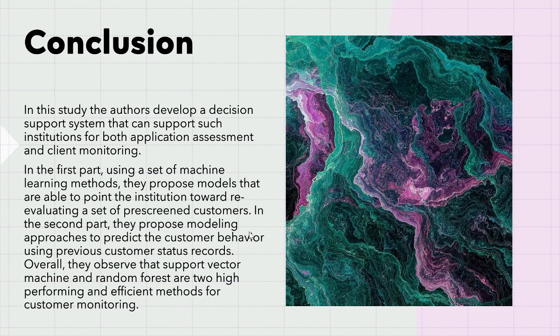In the second part, they propose modeling approaches to predict customer behavior using previous customer status records. Overall, they observe that support vector machine and random forest are the two highest performing and most efficient methods for customer monitoring.